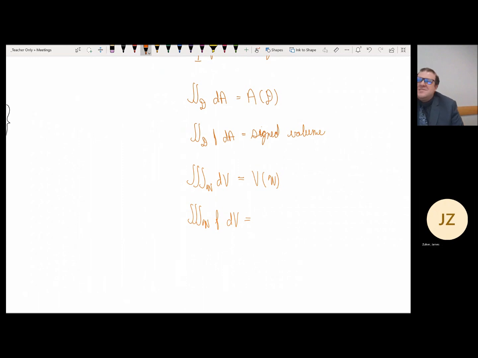Hyper what? Just hypervolume? This gives you a signed hypervolume. We just call the four-dimensional equivalent of volume hypervolume. There's no way we can even begin to imagine what that is.